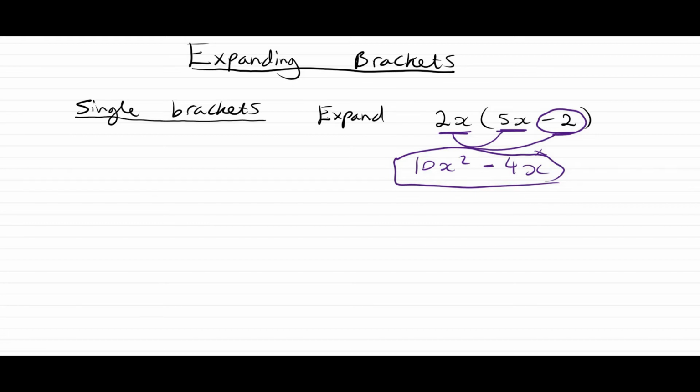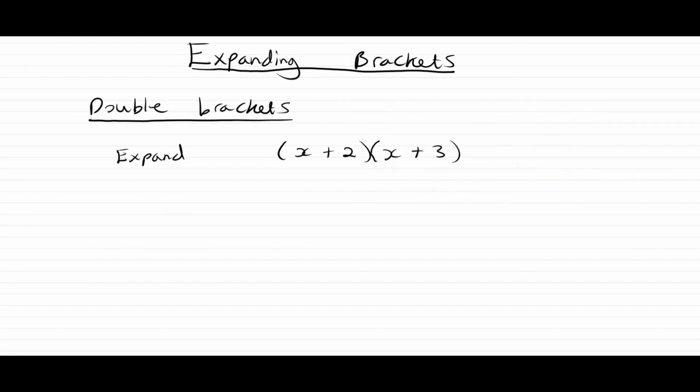10x squared minus 4x. Right, so double brackets. You may be asked to expand double brackets. And again, you need to know this even for foundation GCSE maths takers. This is something you need to know. So I'm going to break it down for you.